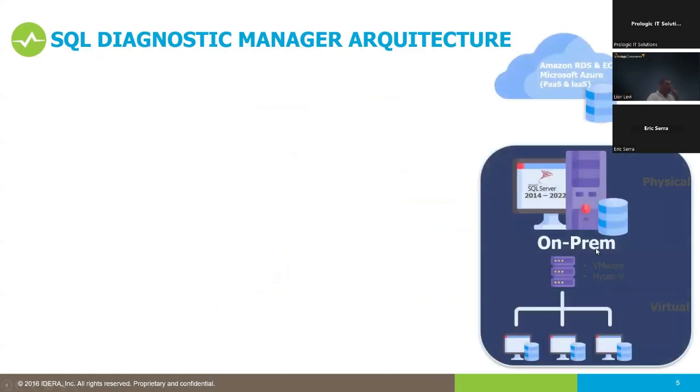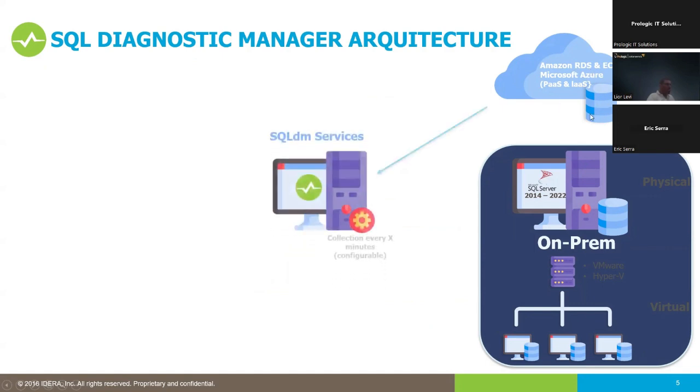So again, on the right side, these are your SQL servers, which can be on-premise or in the cloud. We support the Amazon RDS, EC2, and Microsoft Azure environments. We don't deploy any agent on these environments.